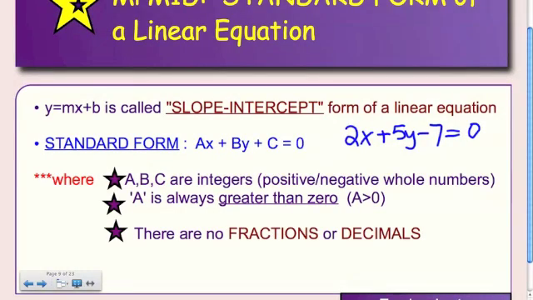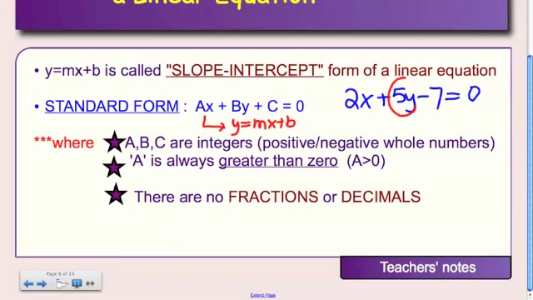And in order to work with the equation or identify the slope and the y-intercept, you have to convert it back, change it into y is equal to mx plus b form. Keep my 5y on the left-hand side, and I would move all the other terms.